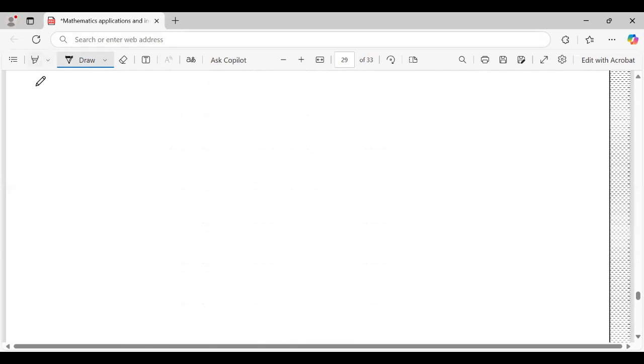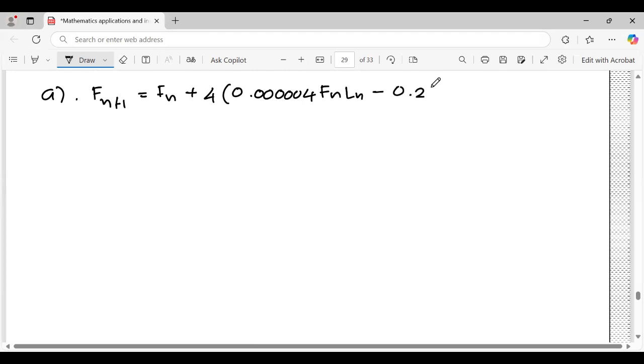So we will be using the formula based on Euler's method: F(n+1) equals Fn plus 4 times (0.00004 times Fn Ln minus 0.2 Fn).